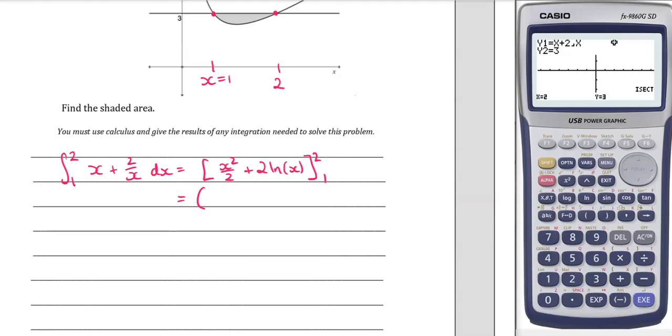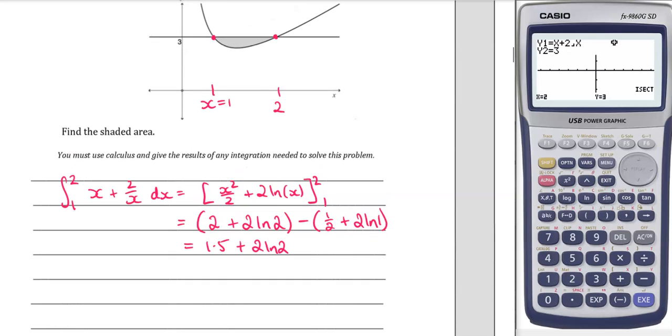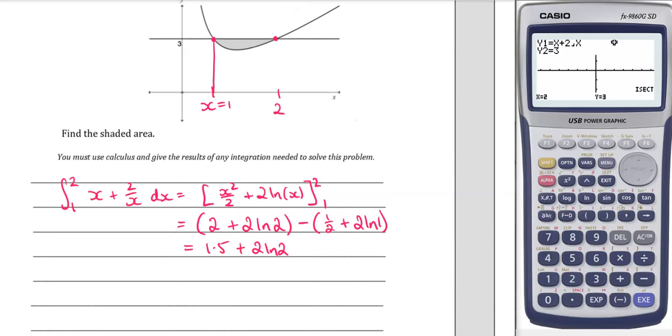Well, the 2 squared over 2 is just 2. 2 plus 2 log 2 minus a half plus 2 log 1. 2 log 1 is 0, so this will be 1.5 plus 2 log 2, but that gives us the area that's underneath the curve here.